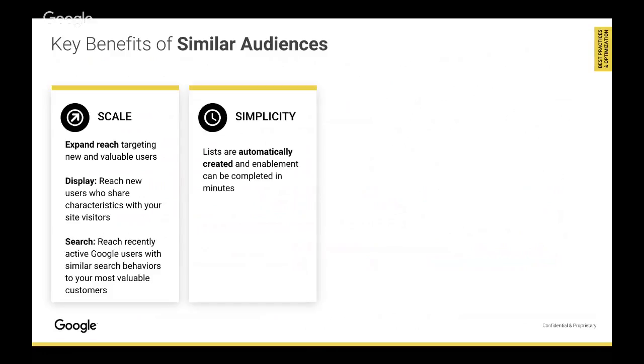Other than scale, our similar audience is simply generated by our system. So there's no manual work on your end to create a similar audience. It will be automatically created in the system. So this helps simplify the setup of targeting similar audiences.